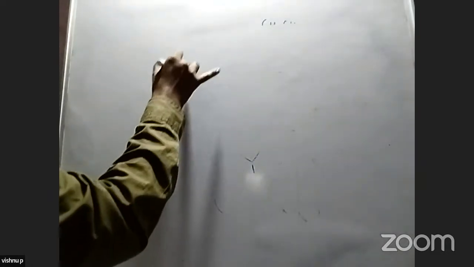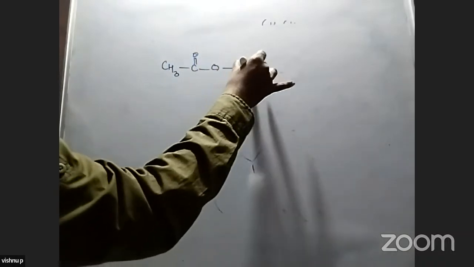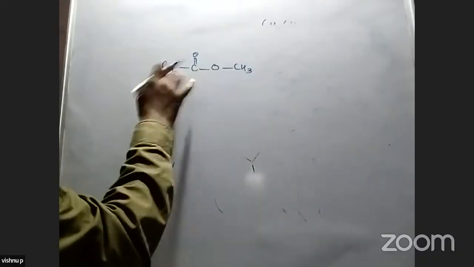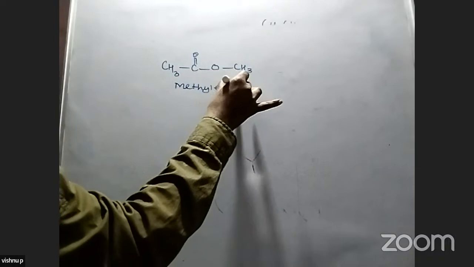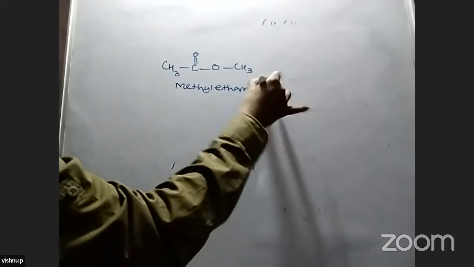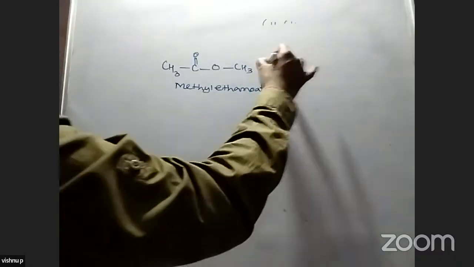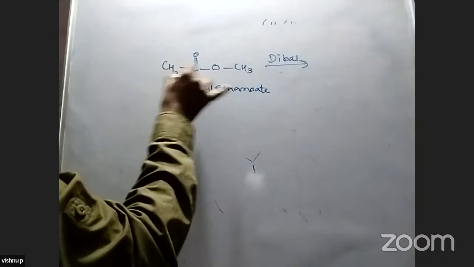In the same way, esters also. We take the ester CH3COOCH3. This is methyl ethanoate. What type of ester is it? The methyl ethanoate. This is an ester. This ester when reacted with DIBAL, what is the compound here?